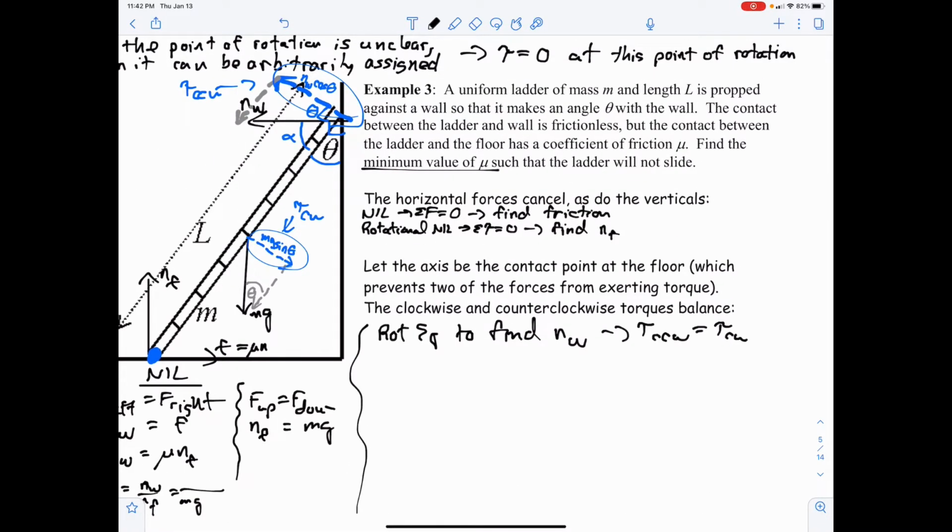Remember, torque is a perpendicular force times distance. So the counterclockwise torque would be the normal force from the wall times the cosine of the angle. That's the force, and it is a whole distance L away from the pivot point, times L.